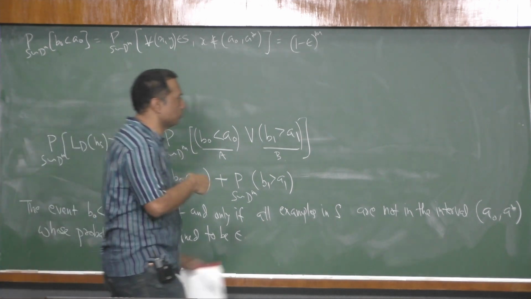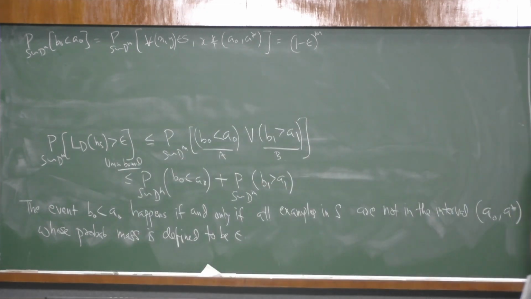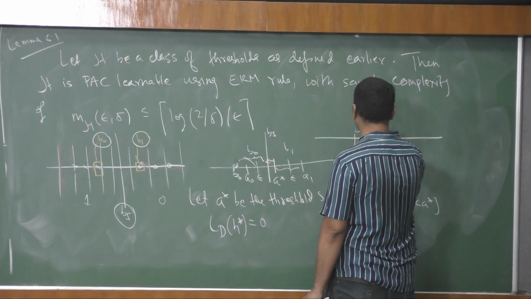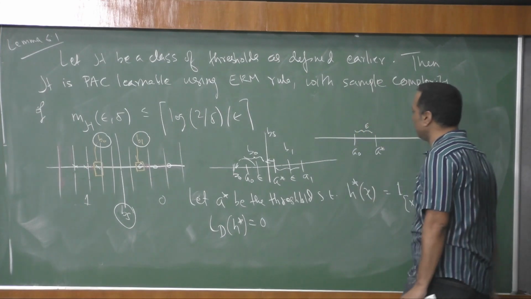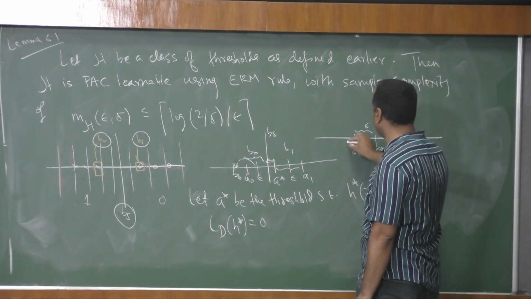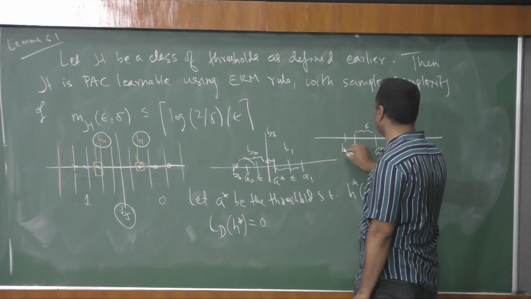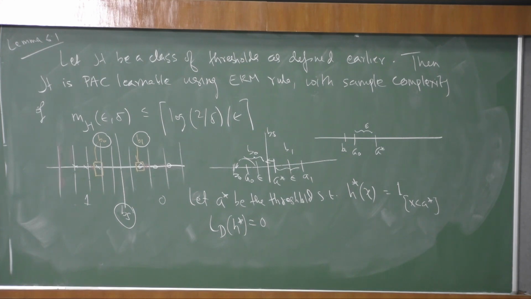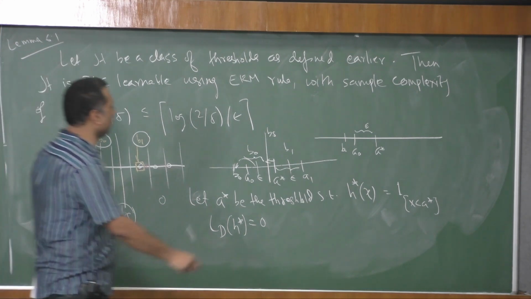Yeah, I think this is for all. Okay, so b naught less than a naught, right? A star is this one, a naught is this one, this guy is epsilon. So that's fine. So the probability that b naught is less than a naught, so b naught will be somewhere here. That means that none of the sample points were in a naught a star.